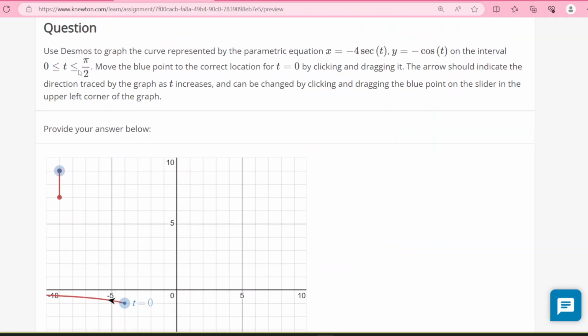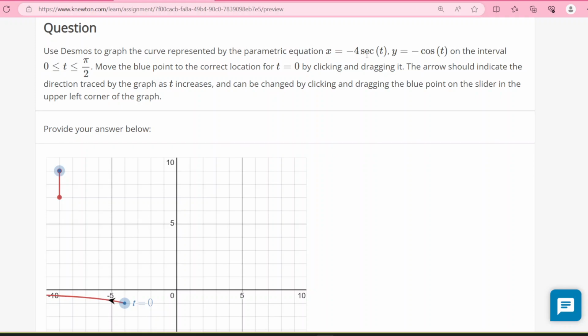Because when t equals pi over 2, well, remember secant of pi over 2 is undefined. So going to infinity, actually, as you approach pi over 2 from the left, secant of pi over 2 would get toward large infinity.